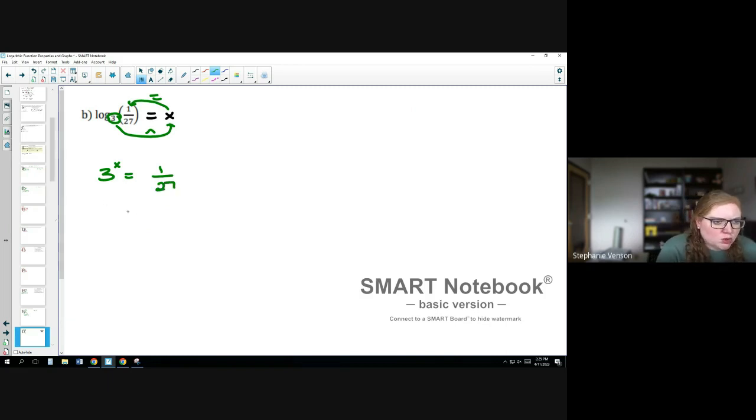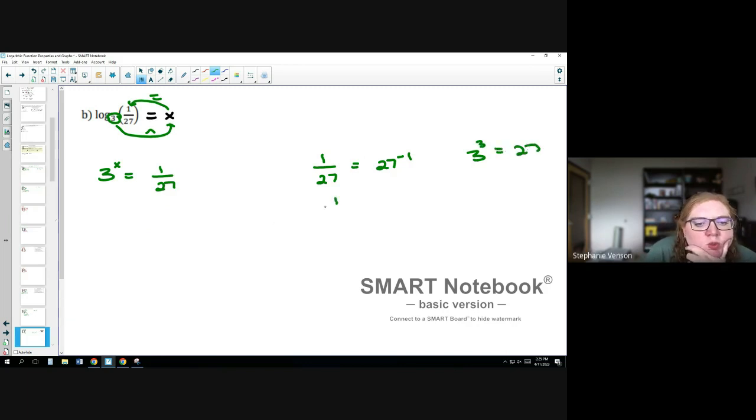Okay, so I know that 1 over 27 can be written as 27 to the negative 1. But while that's totally true, I think it would be easier to think of it like this. I need the bases to both be 3 so that I can drop them. And 3 to the third equals 27.